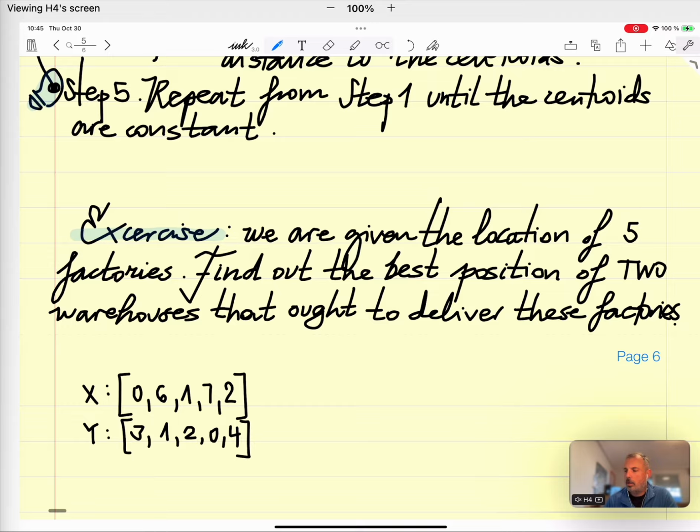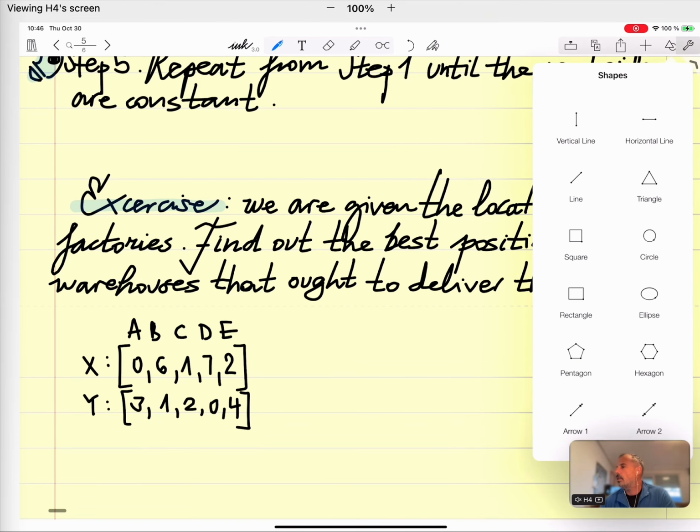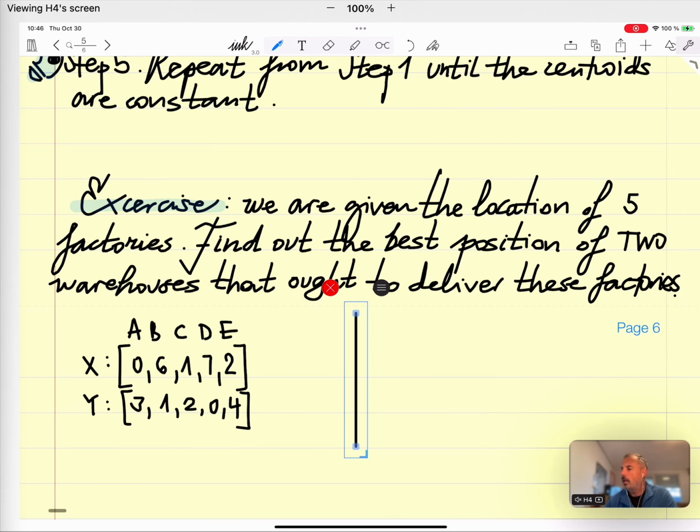And the factories are A, B, C, D, E, okay? So if we paint this in a little graphic, okay? So this is just for explanatory purposes. Our factories are located in the map like this.